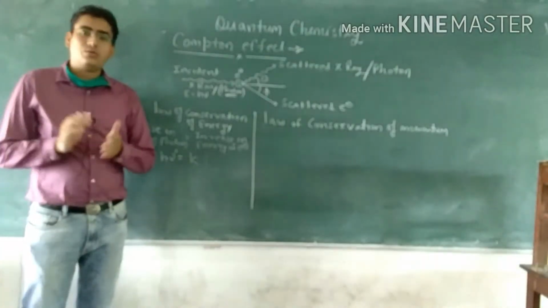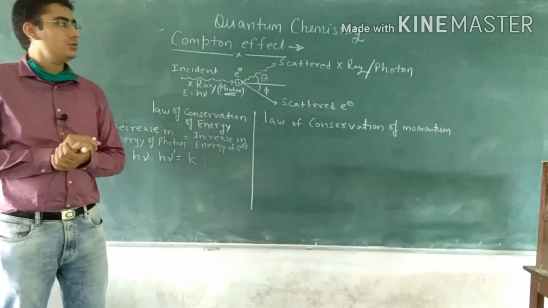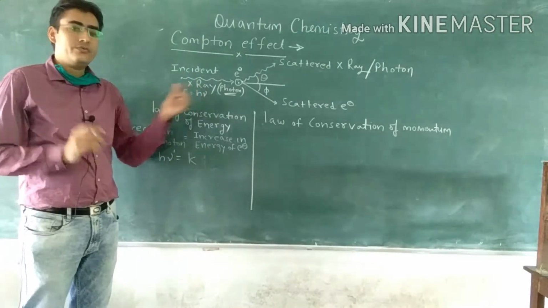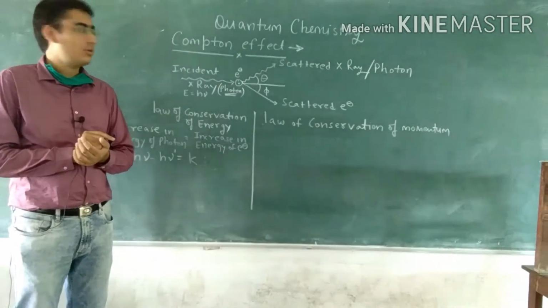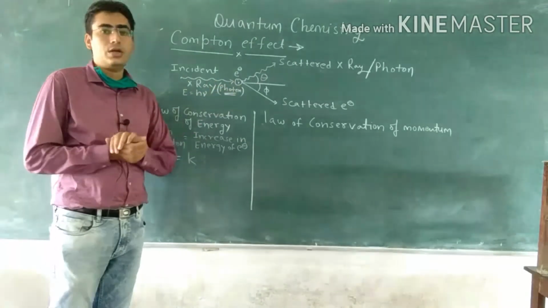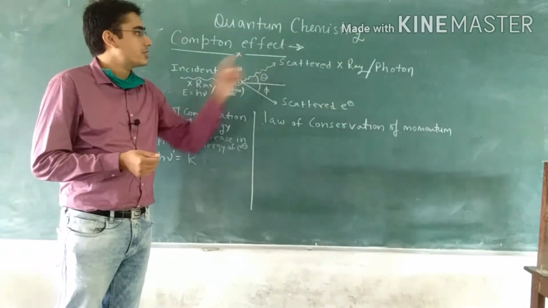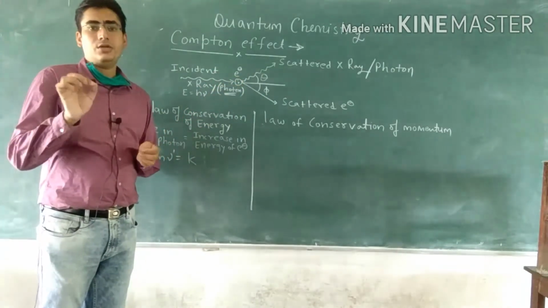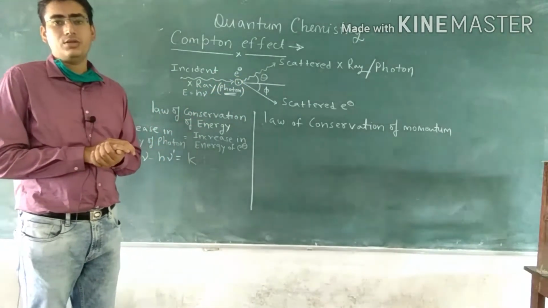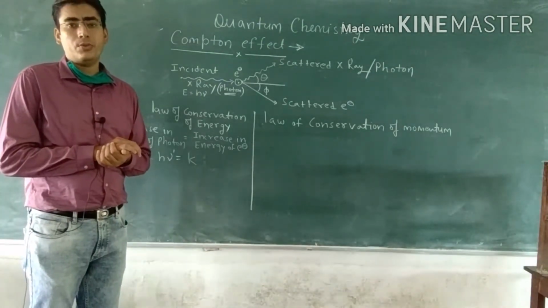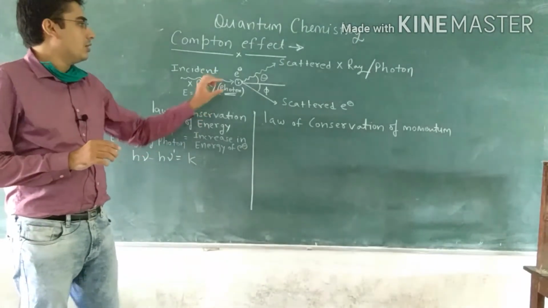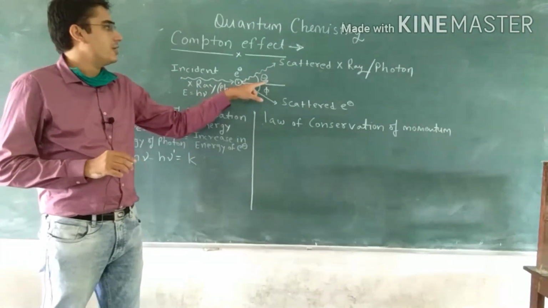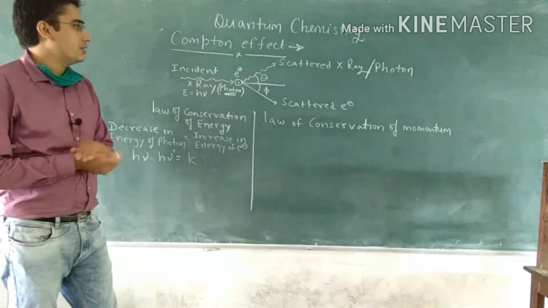Now we derive the Compton shift equation. There is a monochromatic X-ray which is made up of photons, and it strikes an electron, then scattering of X-ray takes place. In this phenomenon, there is the law of conservation of energy and the law of conservation of momentum, and theta is the angle between incident X-ray and scattered X-ray.